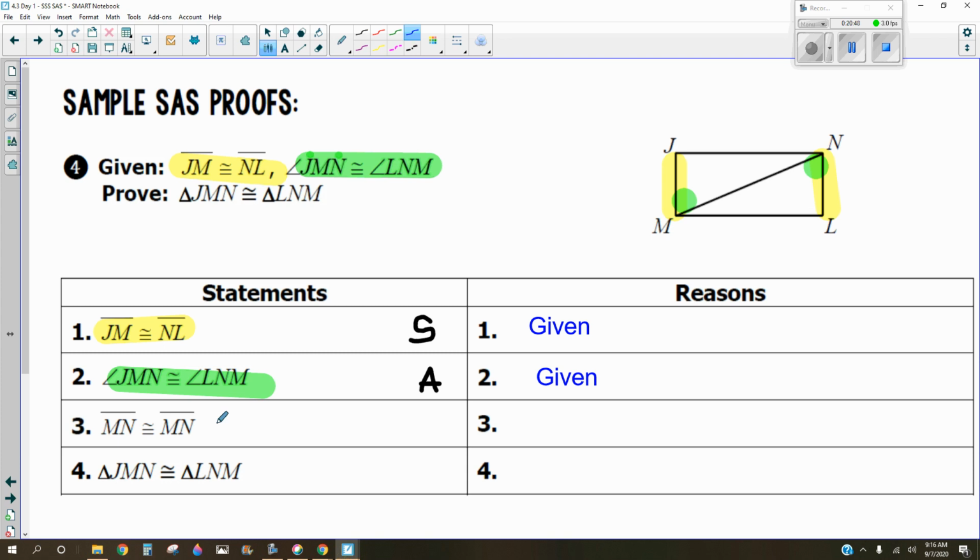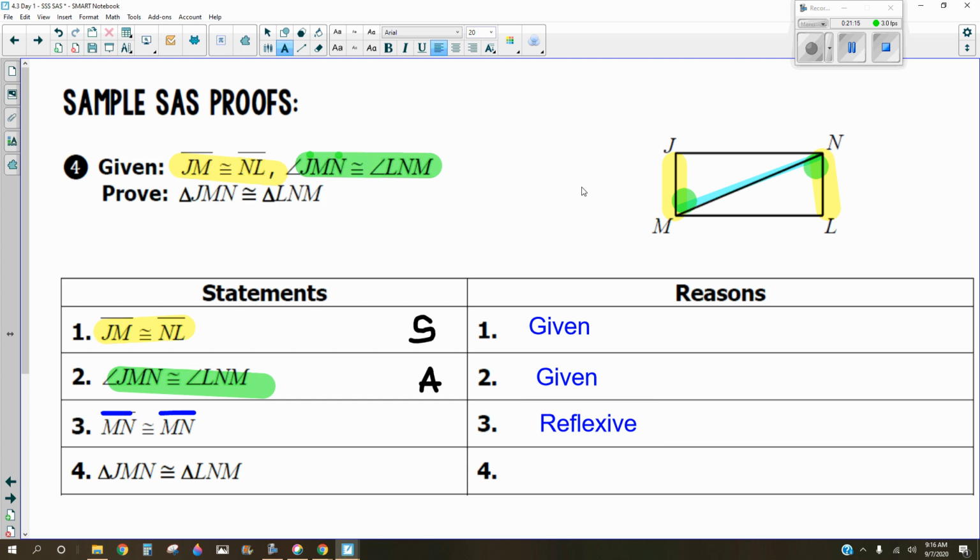And notice the next line tells me MN is the same as MN. They're identical, right? MN, MN, right here. So they're talking about this MN right there. It's shared between this upper triangle and this lower triangle. And we just talked about something that's shared between two shapes. We call that reflexive.